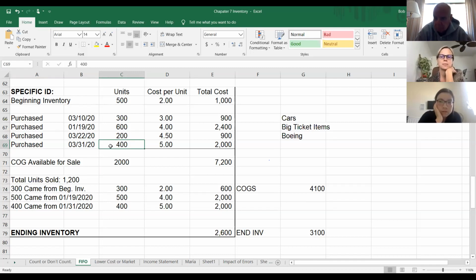Can I pipe in? So Callie, if you think of the cars under beginning inventory being like red, and then the cars purchased on March 10th, which is the next line down, being yellow. They're telling you that they sold X number of red cars, or in this case, 300 red cars, and then they didn't sell any yellow cars. They only sold blue and green. So that's how they're identifying it.